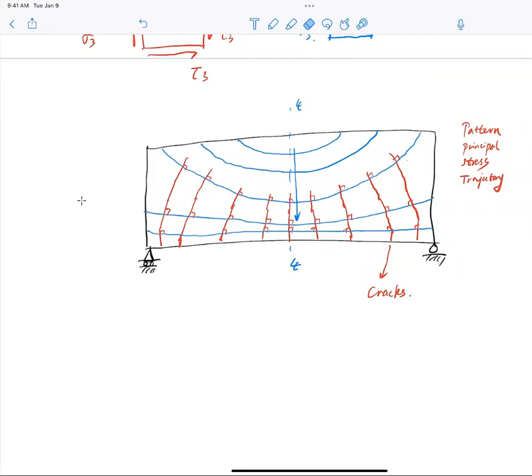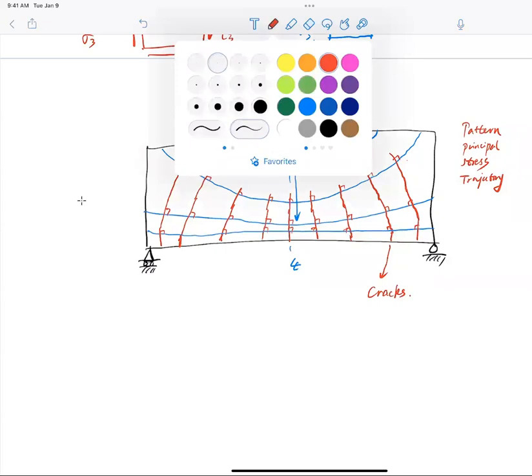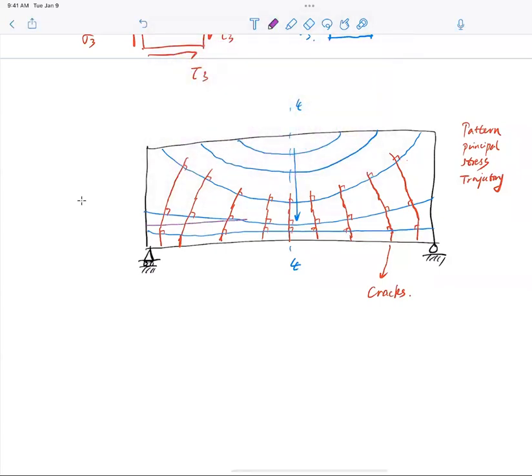As the section gets away from the center line, shear stress becomes dominant. If I draw a straight line here, purple is just a guide line to help me, I see that it becomes more 45 degree towards the support.